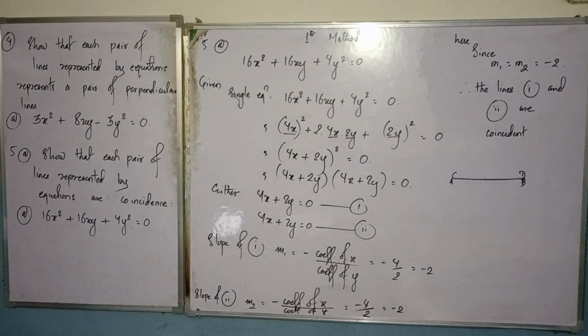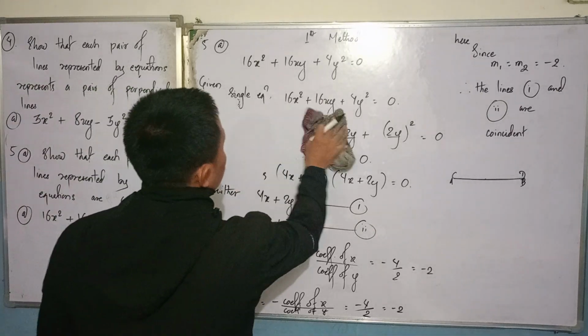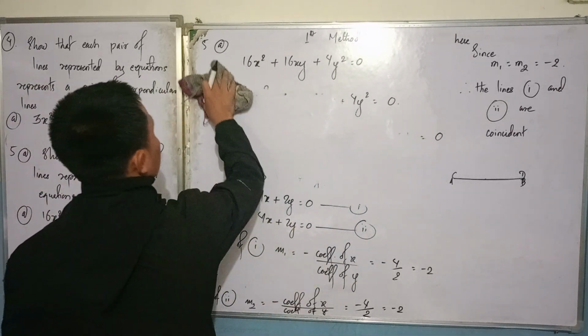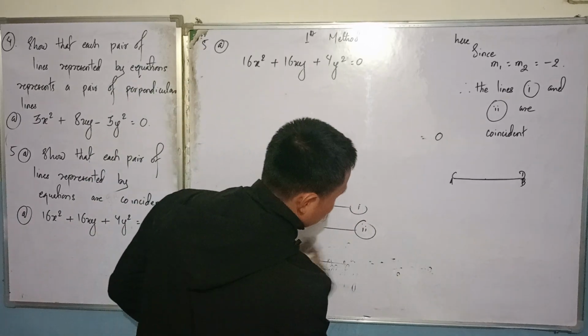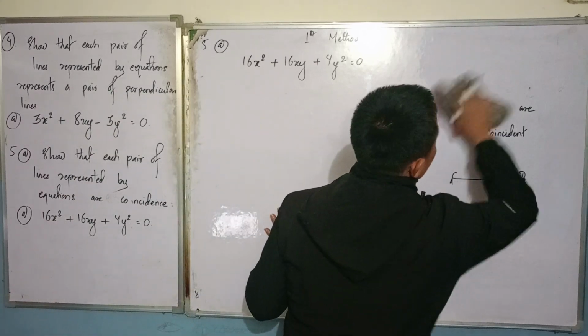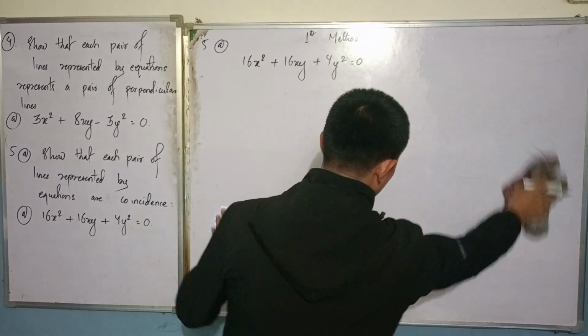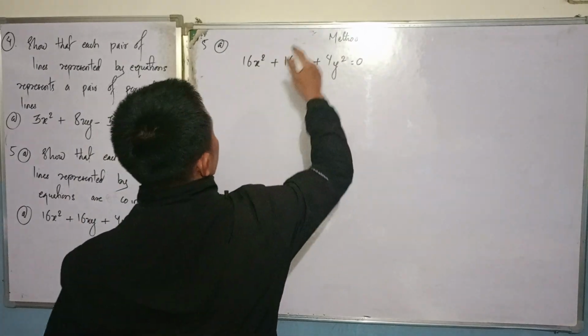So I'm going to rub this. Okay, single equation. If you have finished this, then it's okay. If you haven't finished, then you can rewind the video and take a screenshot. And this one is the second method.